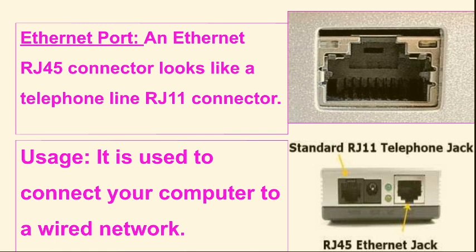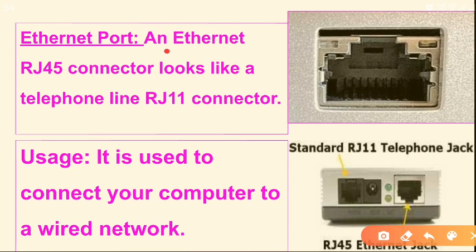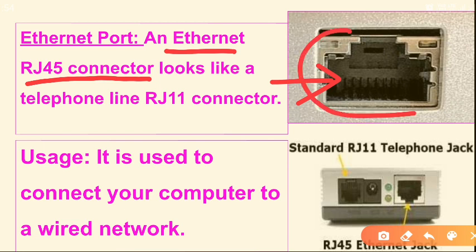Next, let's move on to the next type of port, which is called the Ethernet port. Now an Ethernet port, or the RJ45 connector. So this is the Ethernet port, or this is called the RJ45 connector. It looks just like the telephone's RJ11 connector.